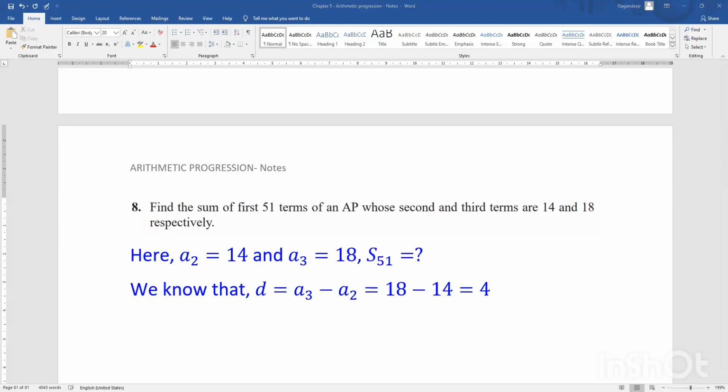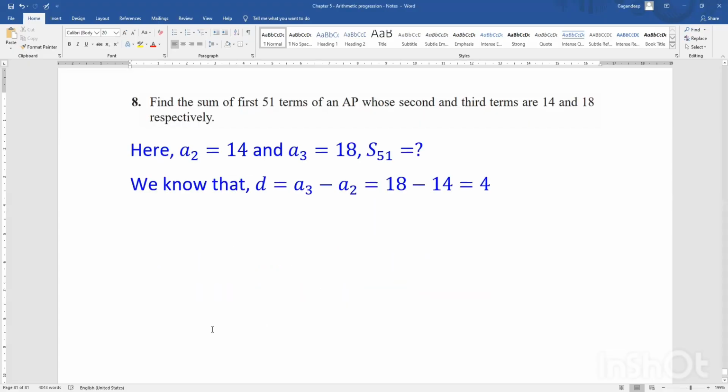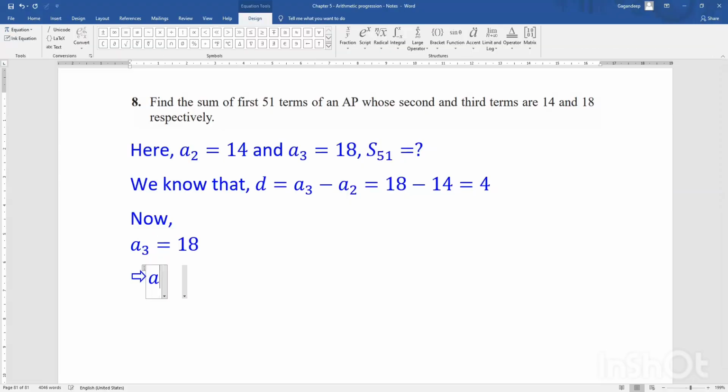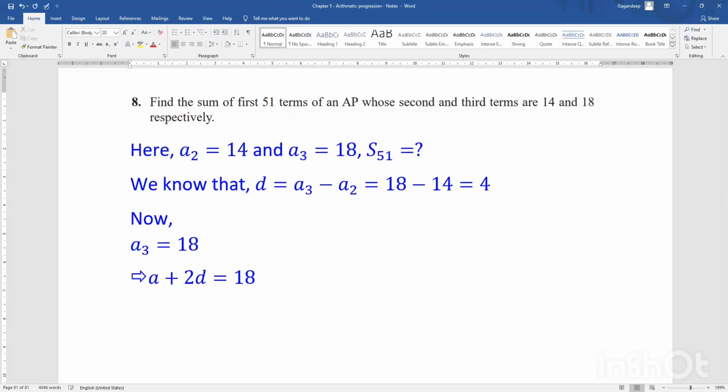And then what we do is I'm going to take A3. So we are already given A3 as 18. So now A3 is equal to 18. So that means I can write A plus 2D equals 18.